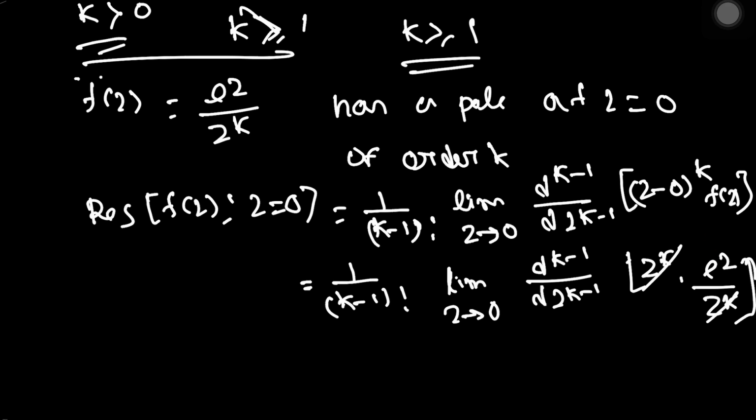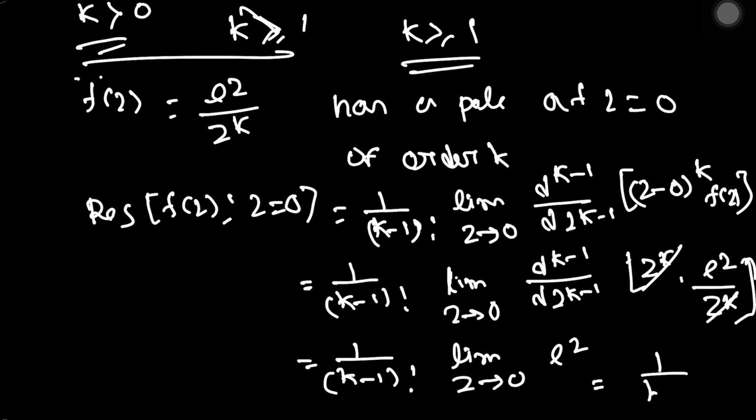We know the derivative of e^z with respect to z is e^z, so after k minus 1 derivatives it gives e^z. At z equal to 0, e^z is 1. So the residue of f(z) at z equal to 0 is 1 by (k minus 1) factorial.